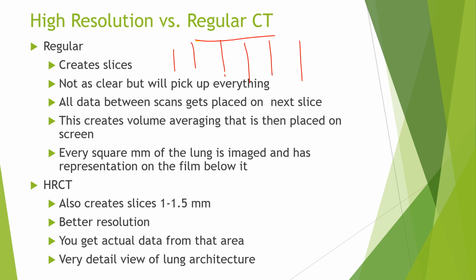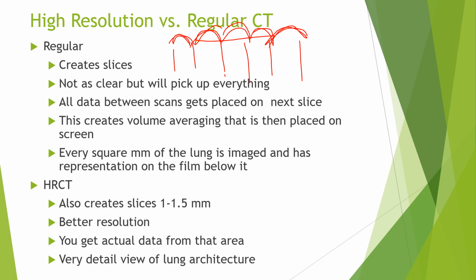All the data between the slices gets placed on the next slice. So it sort of combines the in-between stuff to the next one, to the next one, to the next one. So it's not as clear or clean or crystal clear of a picture, but everything gets picked up on it, right? So all the data between the slices gets placed into the scan at some point, right?